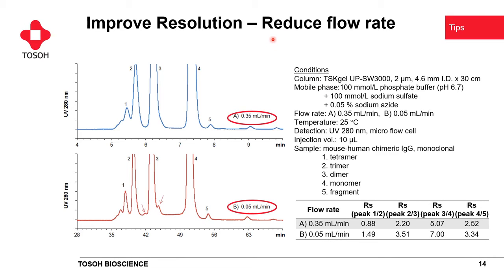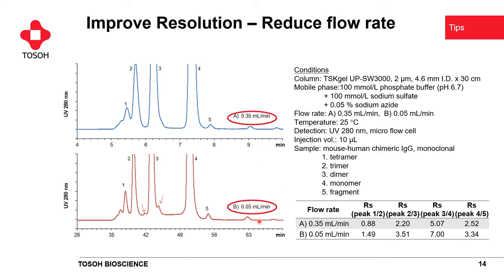Another way to decrease the mass transfer resistance and thereby increase our separation performance is to reduce the flow rate. And this is what is shown here in a very drastic example, I need to admit, where we had one analysis running of a monoclonal antibody at, I would say, a normal flow rate of 0.35 milliliters per minute.